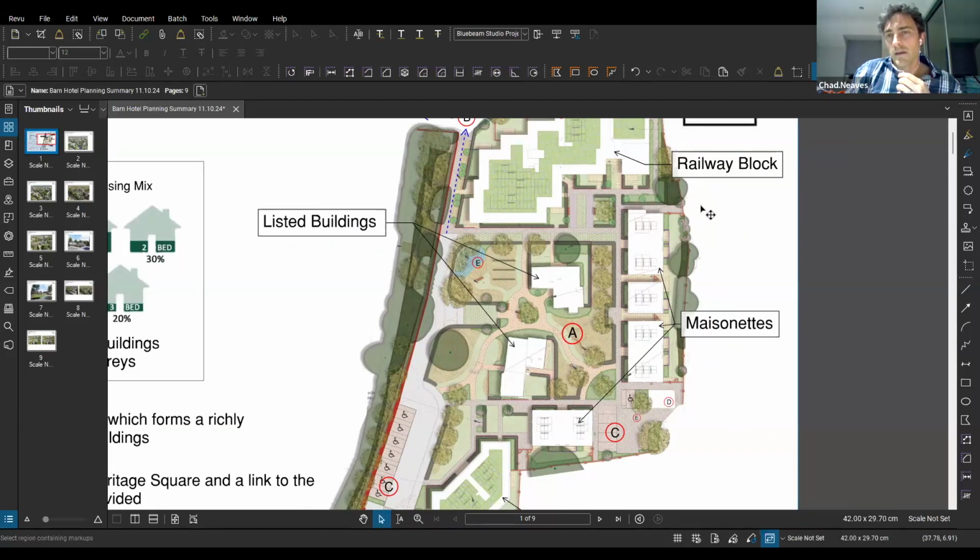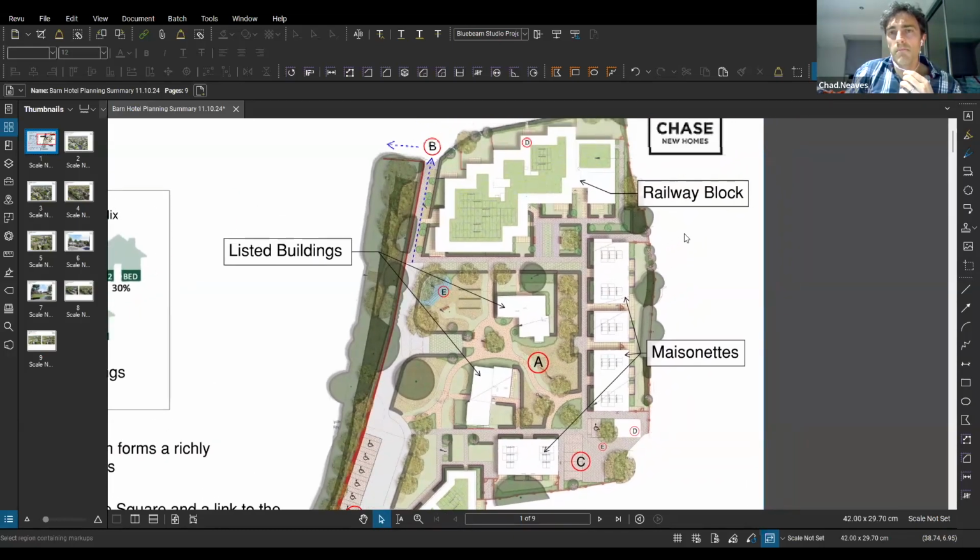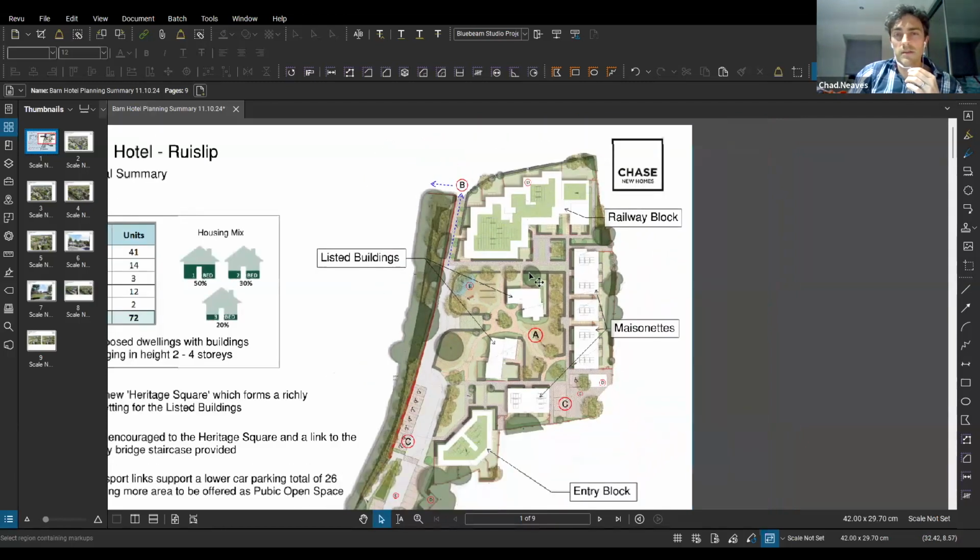This site, in planning terms, could support a much higher density, but feeding back into the viability, the density has been significantly reduced to respect and give primacy to the heritage element, and that in turn, as a byproduct, has made a more ecologically enhanced scheme possible as well. So there's a bit of a win on both of those sides.